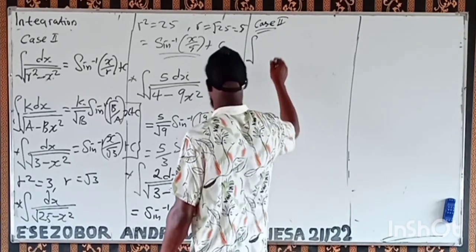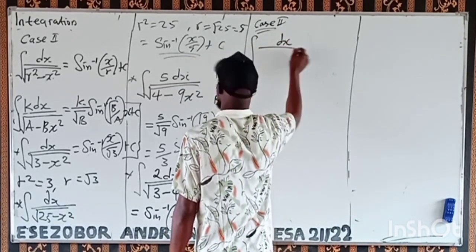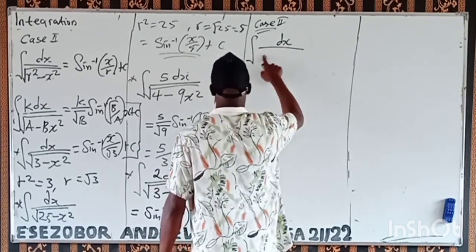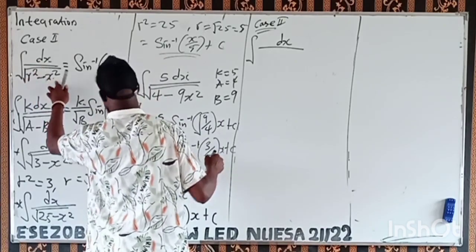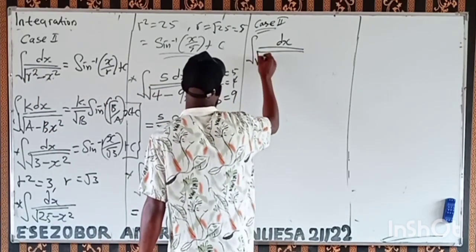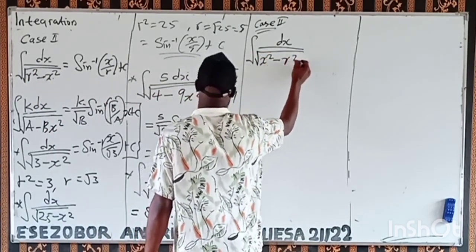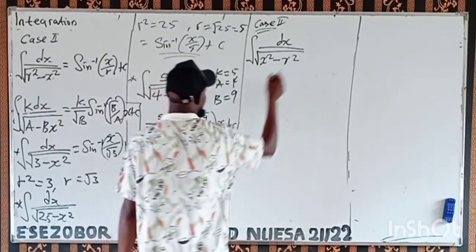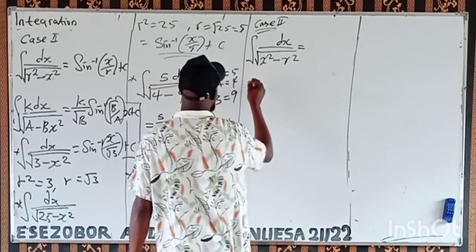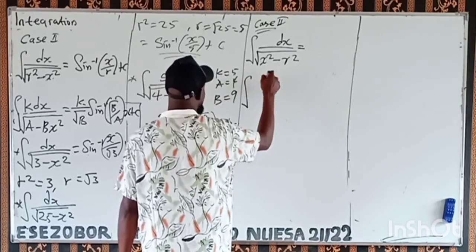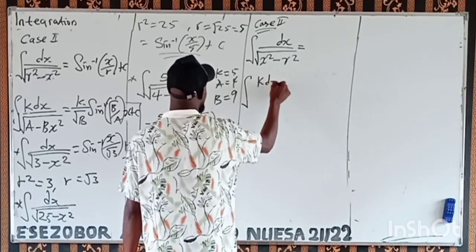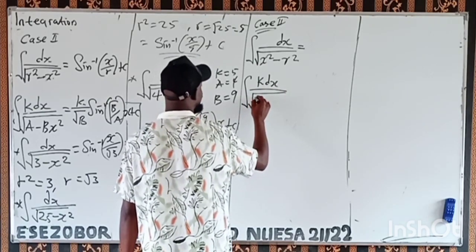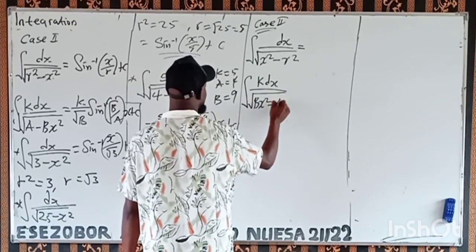Let's say we have integral dx over the square root of r squared minus s squared. Now we're having the integral with s squared minus r squared. We are interchanging it. What will become the answer? Let's say we have integral k ds over the square root of b s squared minus a.